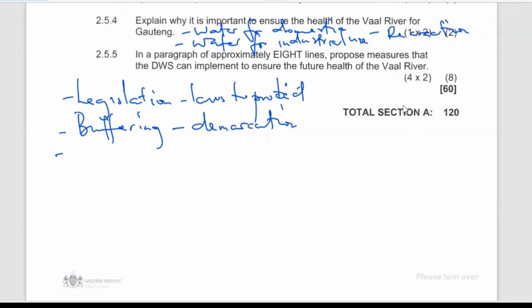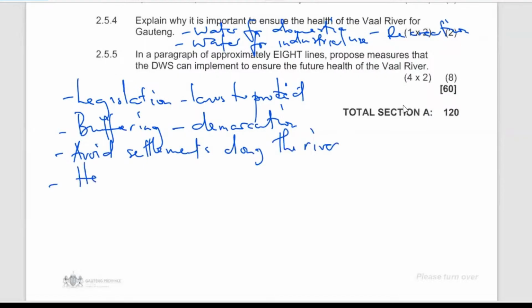And in this instance, we will talk of negative human influence. And we can also avoid settlements along the river. Or we can also talk of heavy fines and penalties for those who are seen polluting the river, or we can talk of law enforcement.